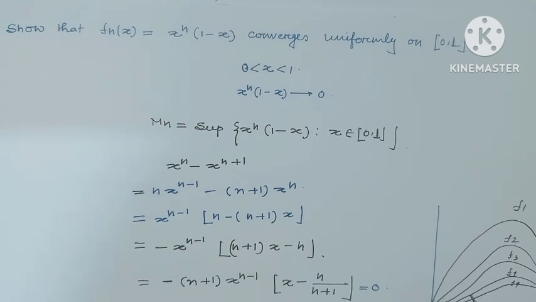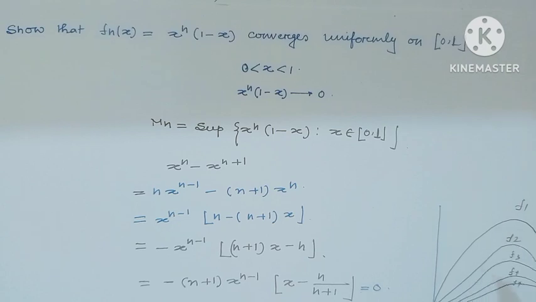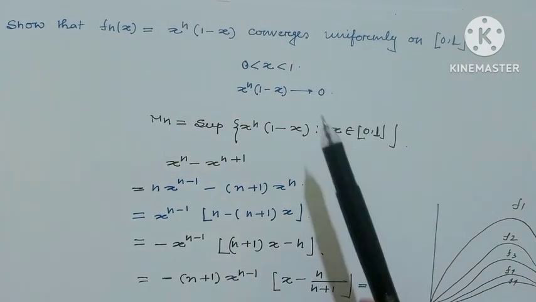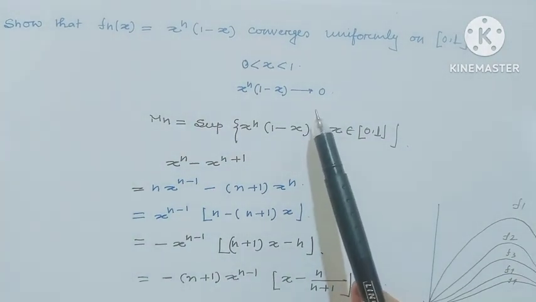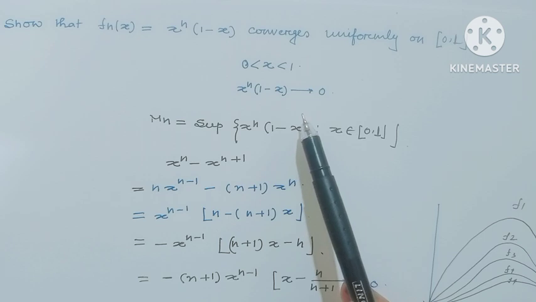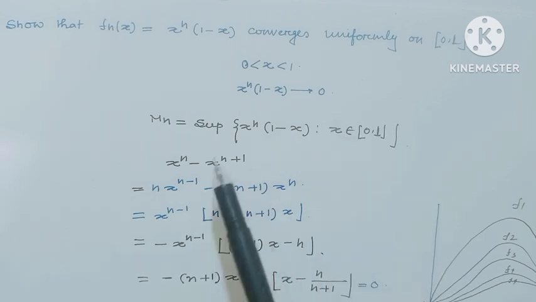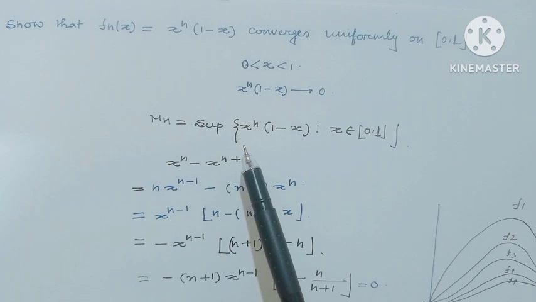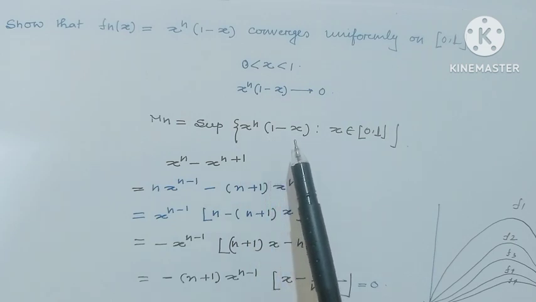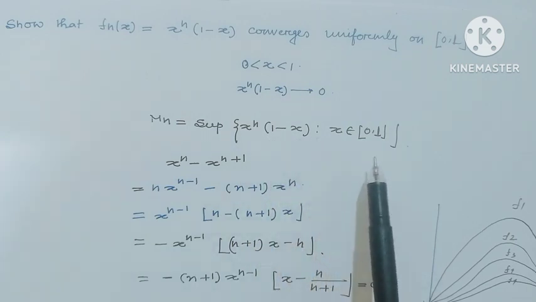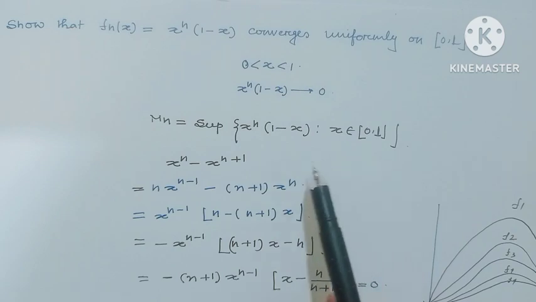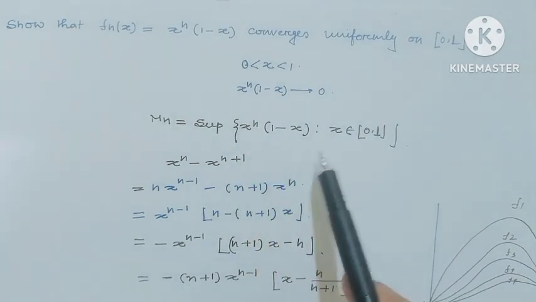Since x lies in the open interval (0, 1), obviously this sequence of functions x to the power n times 1 minus x tends to 0. Here Mn equals the supremum of x to the power n times 1 minus x such that x belongs to [0, 1]. That means the supremum of this sequence of functions.